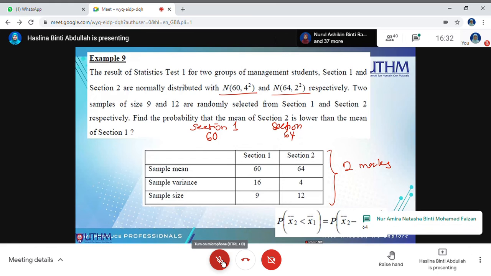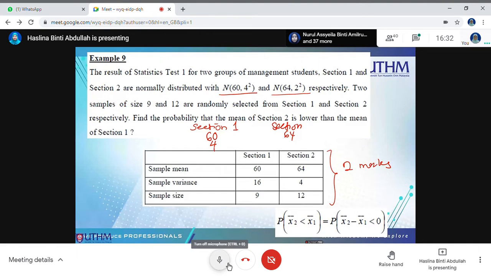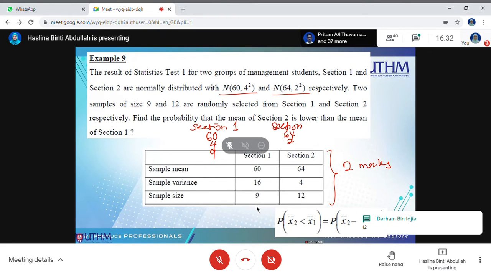Standard deviation for sample 1? 4. Standard deviation for sample 2? 2. Number of samples for section 1? 9. Number of samples for section 2? 12. So, you already get 2 marks.